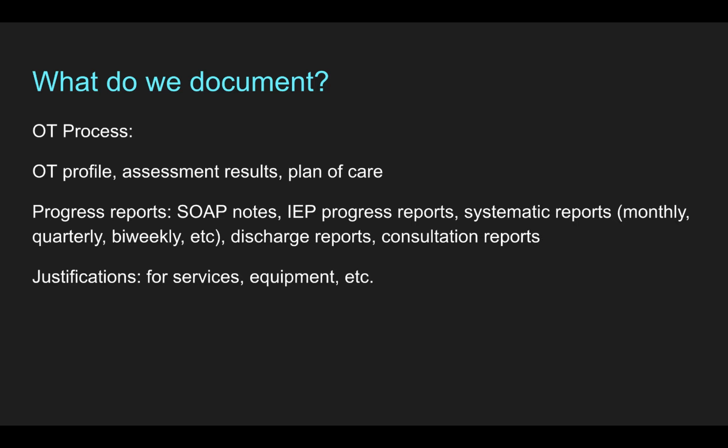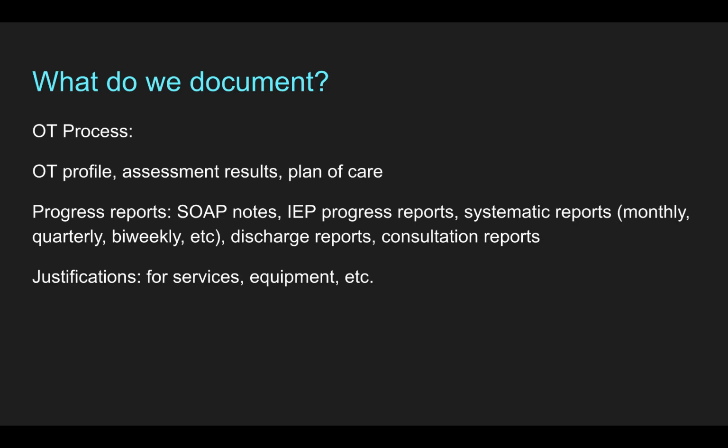And then we also create a plan of care, and within our plan of care, we create goals that we establish with our clients. We also document what the discharge plan is going to be. What is the ultimate discharge or ending of therapy services going to look like?